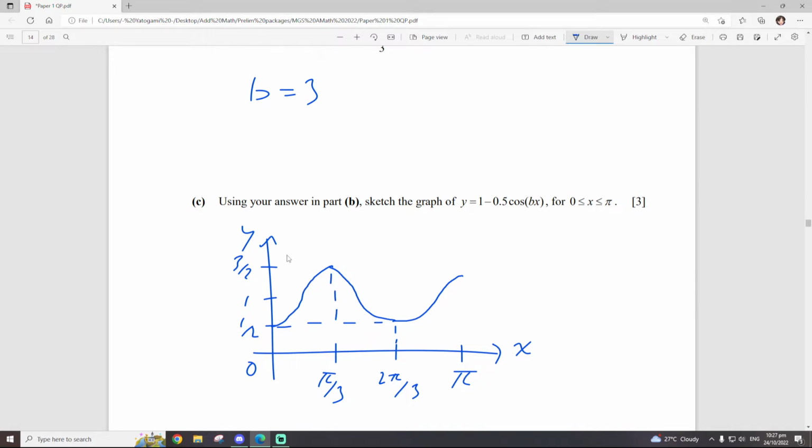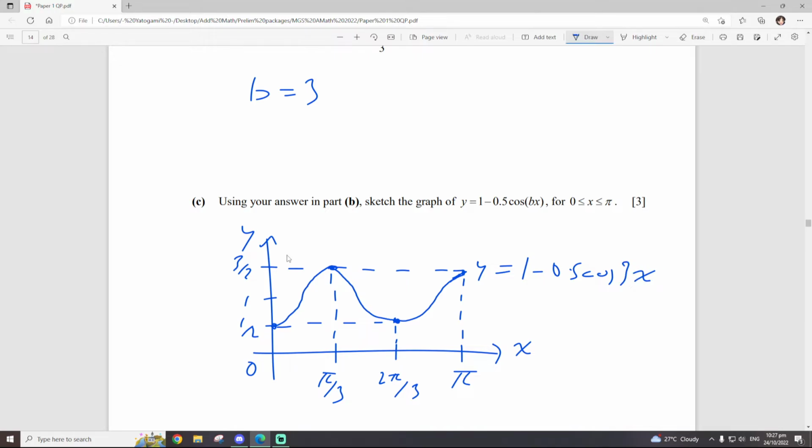Indicate all the maximum and minimum points. I think I need to move this a bit higher. Try to get the inflection point to be in the center, though I think they will close one eye if you don't get it exactly there. Okay, something like that. Indicate the stationary points, and this will be your y equals 1 minus 0.5 cosine of 3x.